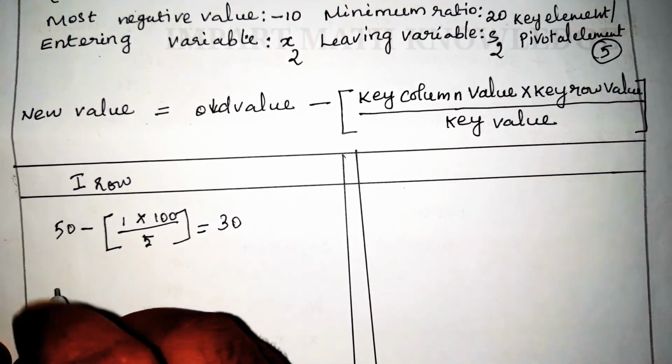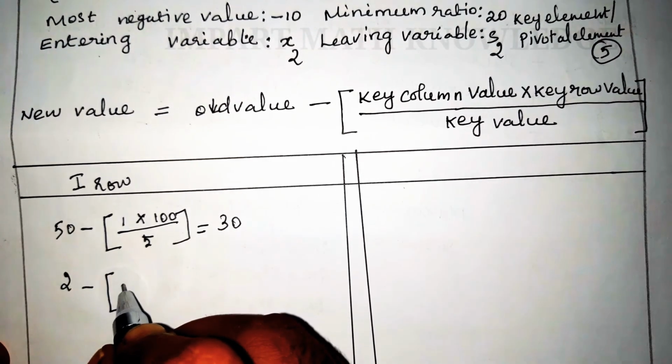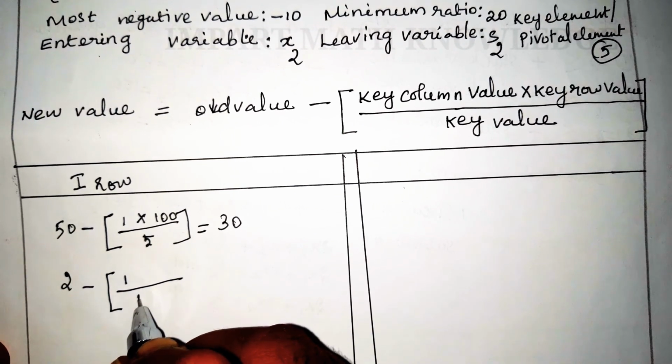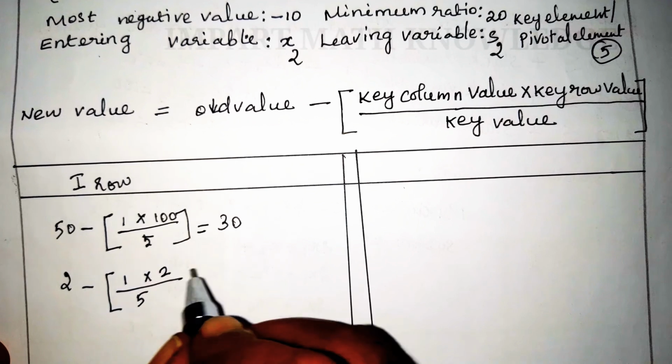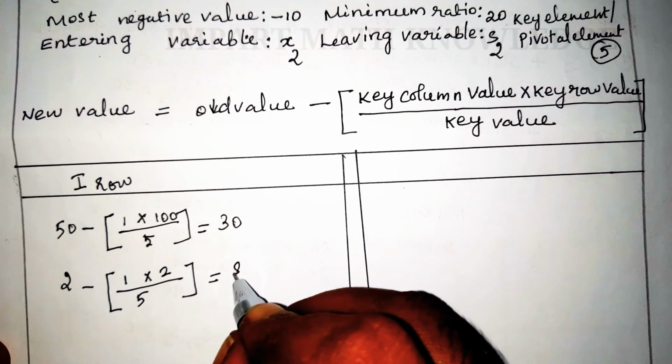Now the next value, old value is 2. 2 minus key column value into key row value divided by key value. If you subtract this, you will get 8 by 5.